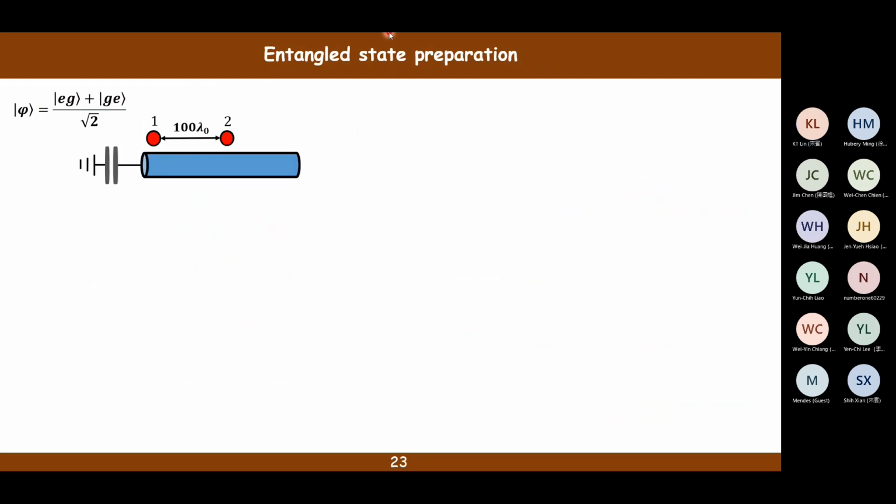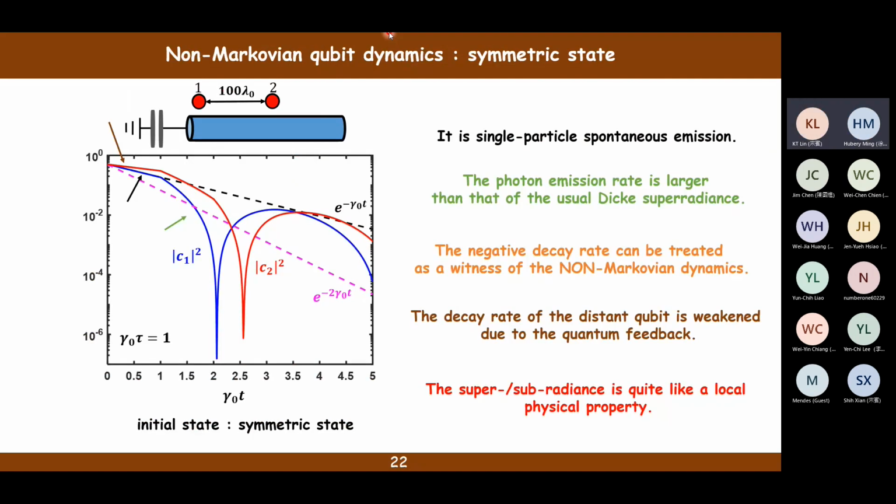Sorry for interrupting. So what's the quantum feedback? Quantum feedback is quite like the time delay effect, because you put qubit 2 in front of a mirror at a very large distance, so you need some time for the photon to come from the mirror and go back to influence itself. This kind of effect is called the quantum feedback effect.